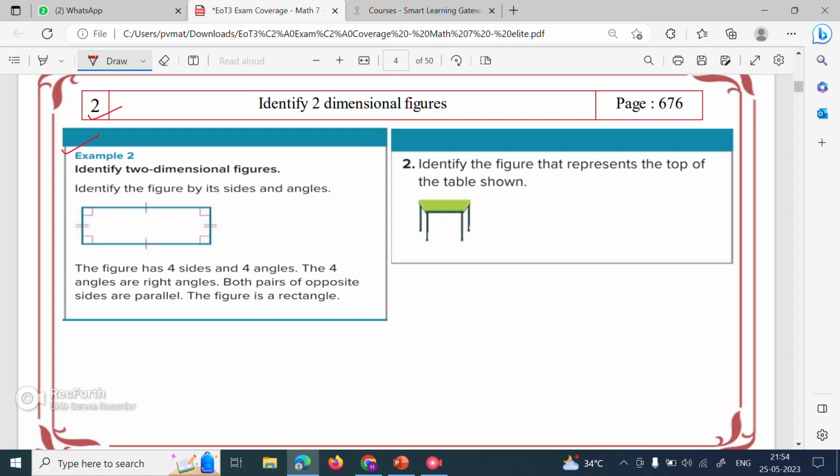My dear children, here I want to remind you about two-dimensional figures. How many two-dimensional figures do you know? We can talk about triangles. We can talk about quadrilaterals.